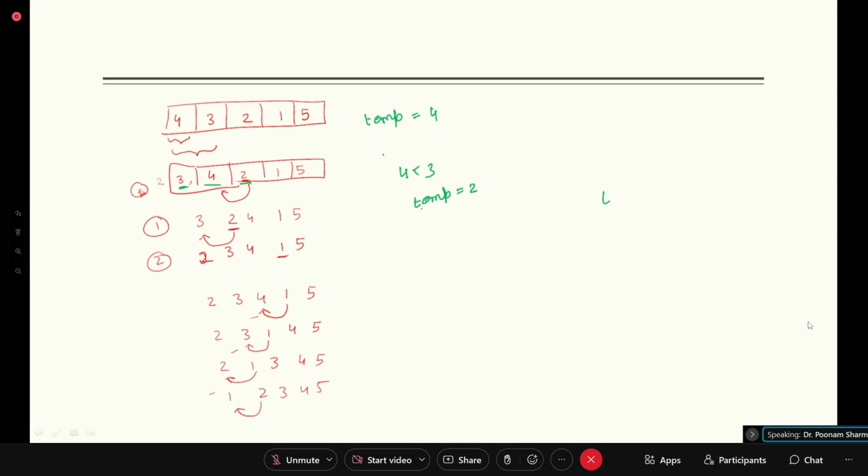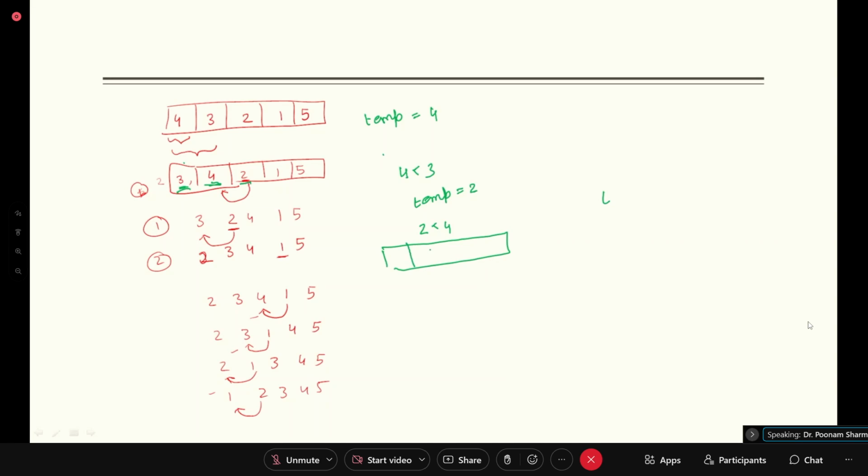Now what you will do? Temp value is 2. You will have to compare 2 with 4. So 2 is less than 4. Yes, true, it is less than 4. So what needs to be done? You have to shift these values from these locations, and you have to create a vacant space for 2.